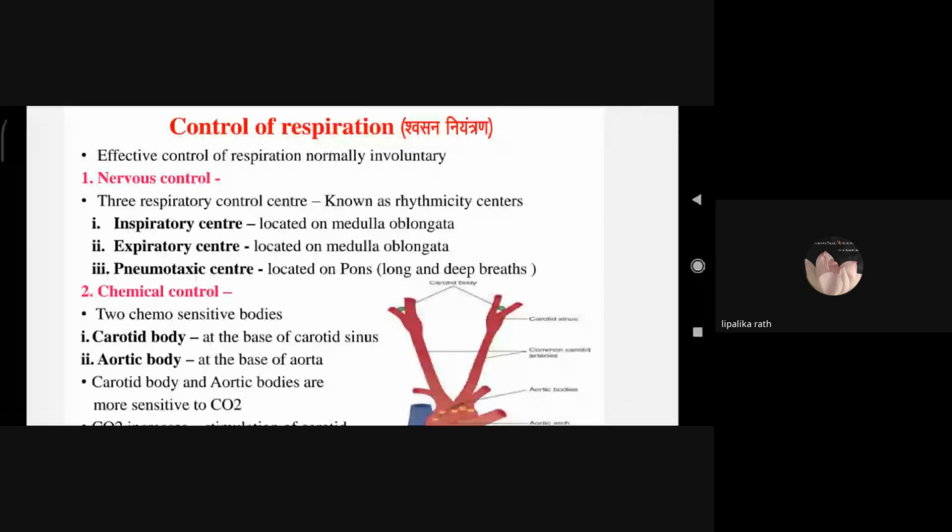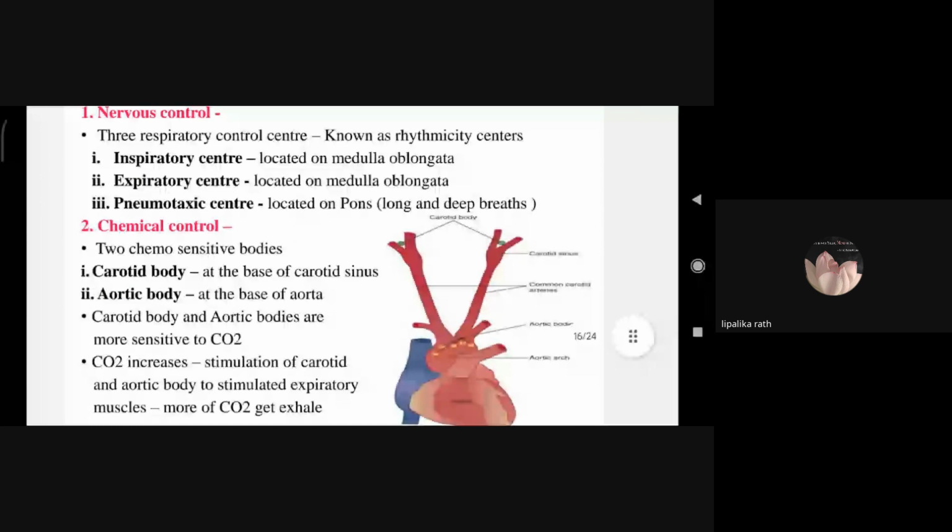There are three respiratory control centers known as rhythmicity centers. The inspiratory center is located at the medulla oblongata, the expiratory center is located at the medulla oblongata, and the pneumotaxic center is located on the pons, for long and deep breaths. So inspiration and expiration are controlled by the medulla oblongata, which is a part of our brain stem.